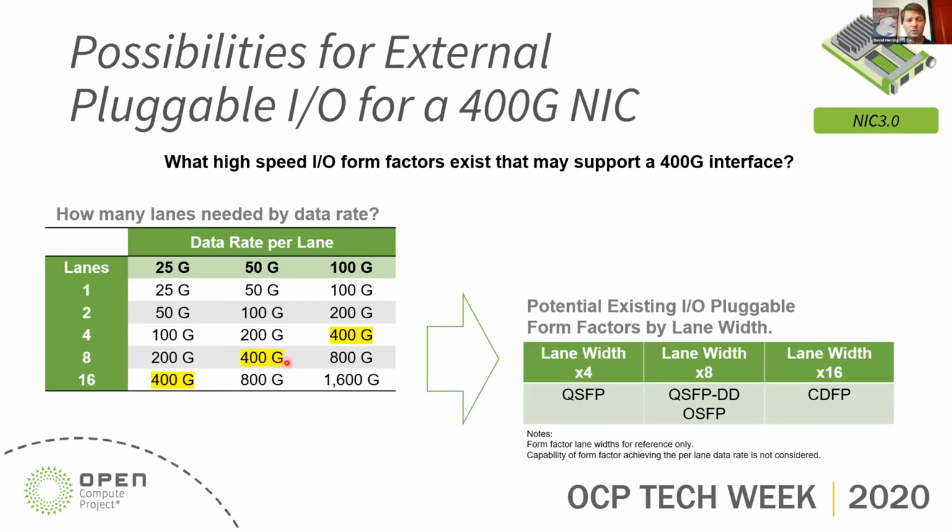For x8, we could do that with 50 gig SerDes lanes. And for x16, we could do it with 25 gig lanes. So this starts to tell the story of the form factors that might have this potential. And this could be a QSFP, a QSFP double density, or OSFP for the x8 link widths, or potentially even CDFP, which is an existing form factor for x16.